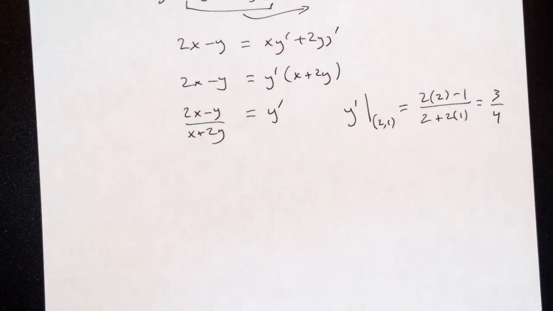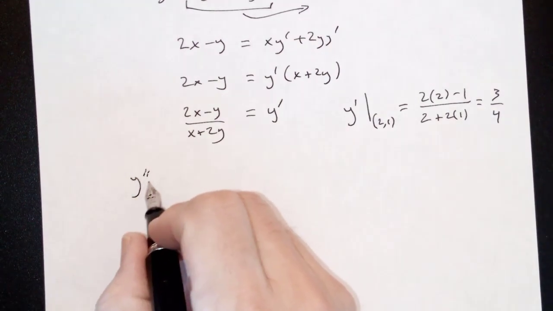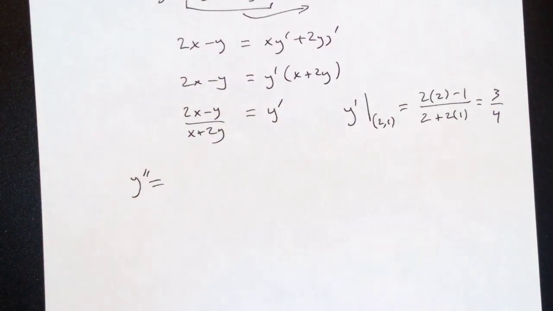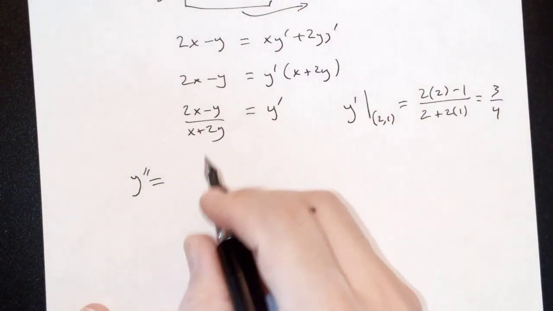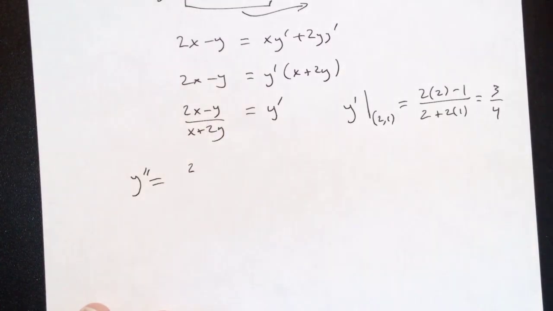I want the second derivative. y double prime means I have to take the derivative of this. Quotient rule: derivative of the top. Well, derivative of 2x is 2. What's the derivative of y?